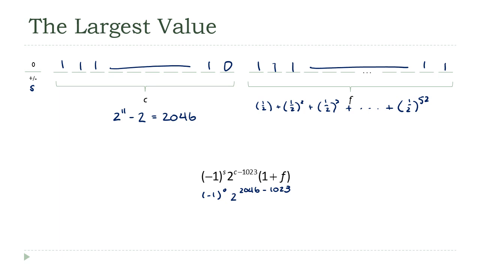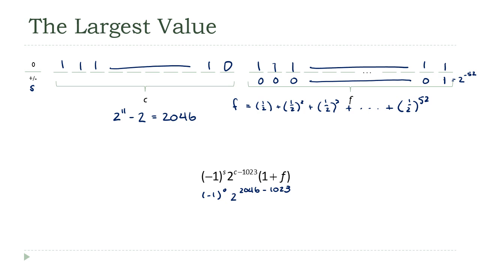So I'm going to call this number f. And here's what I'm going to do: I'm going to add 0, 0, all zeros and a 1 to this. Now remember, this number is 2 to the negative 52nd power. If I add that number to f, what do I get?